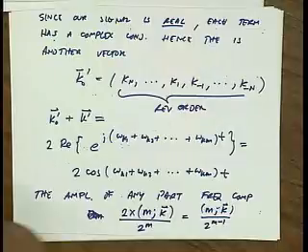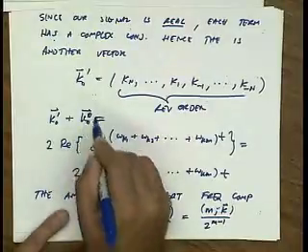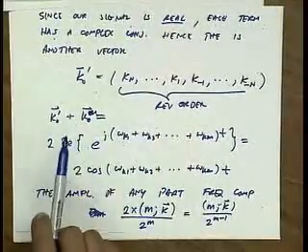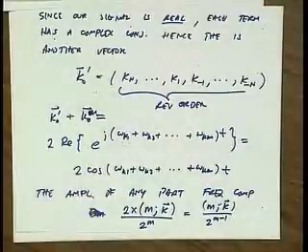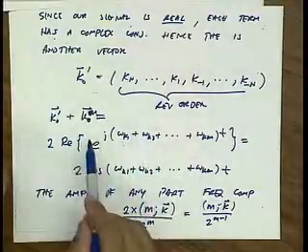So if I'm interested in the amplitude of a particular, well, this should be k0. If I'm interested in knowing the amplitude of a particular frequency mix, let's say k0, then I just look to see how many different frequency products in those 2n to the m terms add up to give me k0.